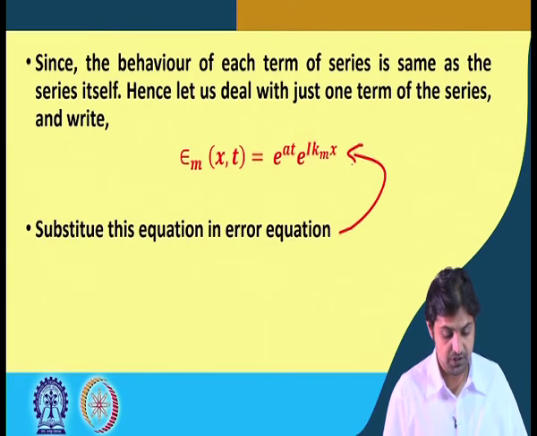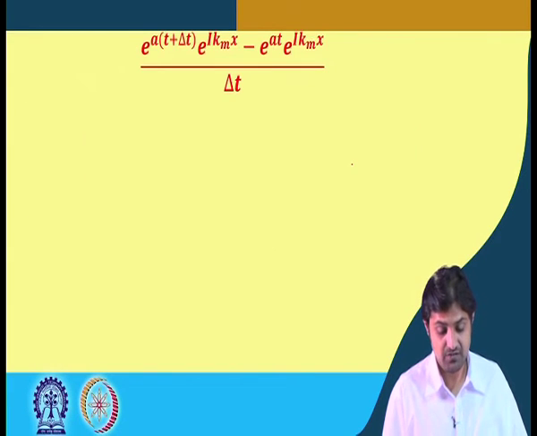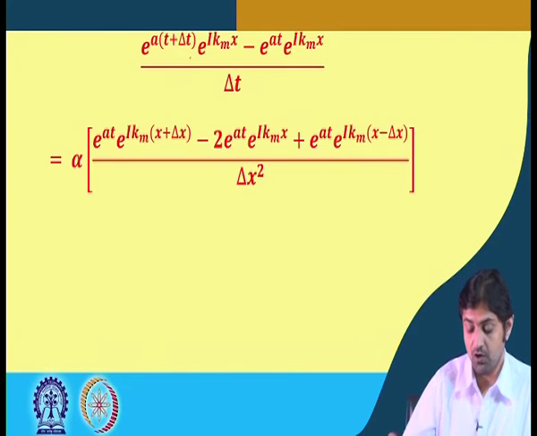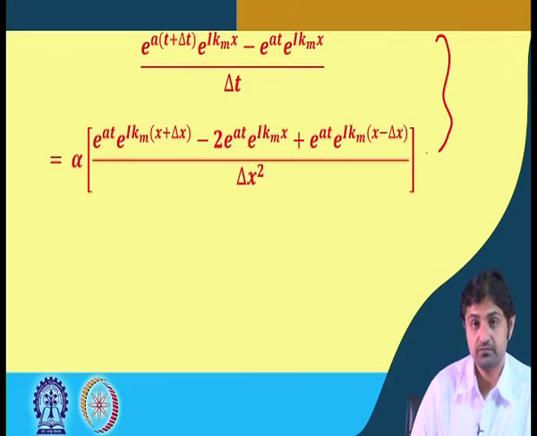If we substitute this in the error equation, the one we had got, we are going to get a complex equation like this.